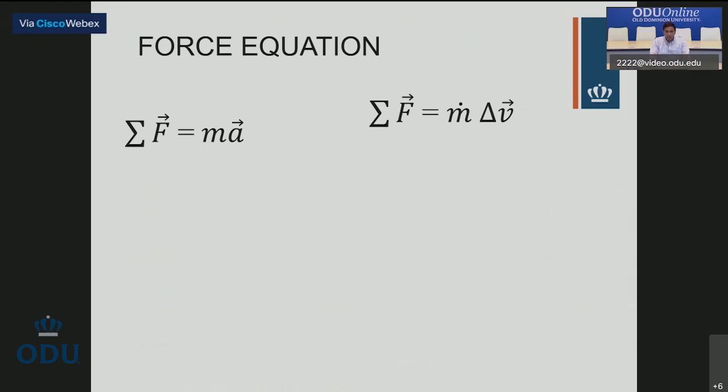They're not the same, but they're related because the definition of acceleration is rate of change of velocity. And if you see a rate of change of velocity, you are also seeing a change of momentum. Okay, so going back to this, the force that we should have written is the sum of the forces equal to mass flow rate, density times velocity times area, times the change of velocity.